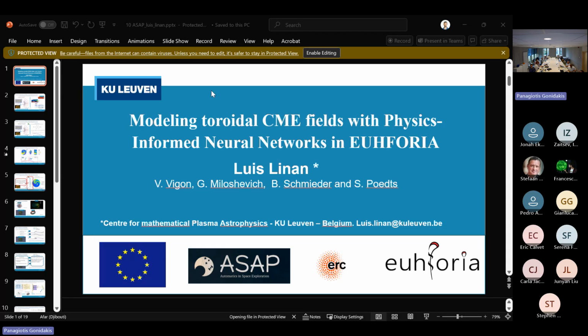So we have the magnetic field in 3D. And something also new is that we apply a deformation to stretch the torus into a flux rope structure. So using this pipeline, we obtain a new CME model in EUHFORIA.